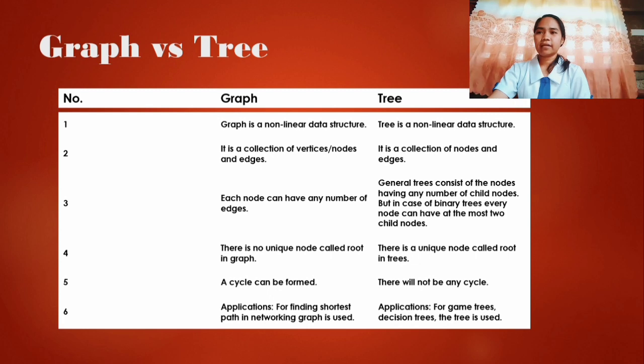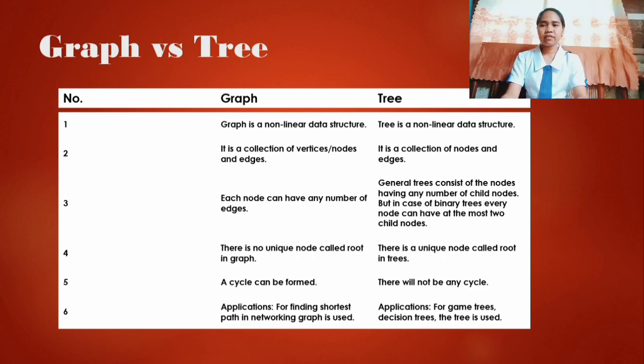Then in a tree, general trees consist of nodes having any number of child nodes. But in the case of binary trees, every node can have at most 2 child nodes. So for example, in a binary tree, it consists of 2 child nodes, where the left is less than the root, and the right is greater than the root node.